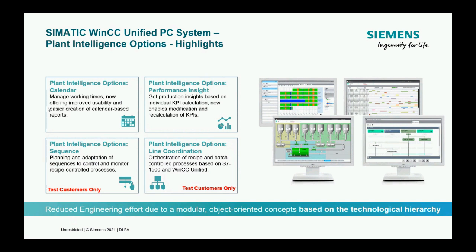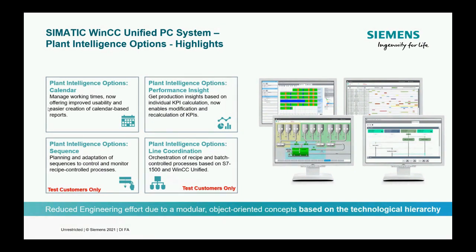So we can control overall sequences in this step transition method based on an S88 model. The line coordination option allows us to integrate disparate systems from Siemens or third-party suppliers, so we can get overall systems actually integrated into a full line.